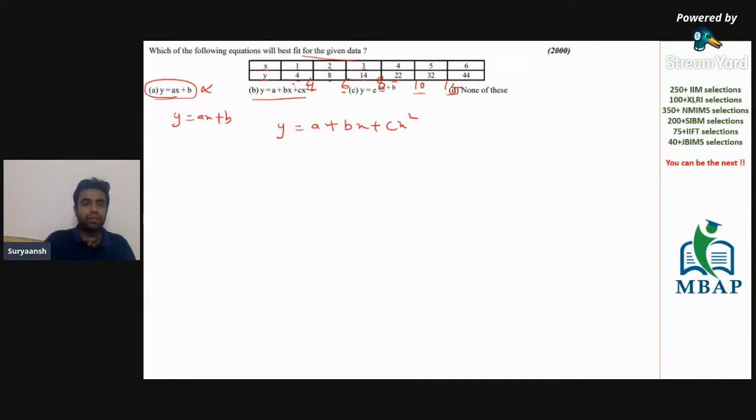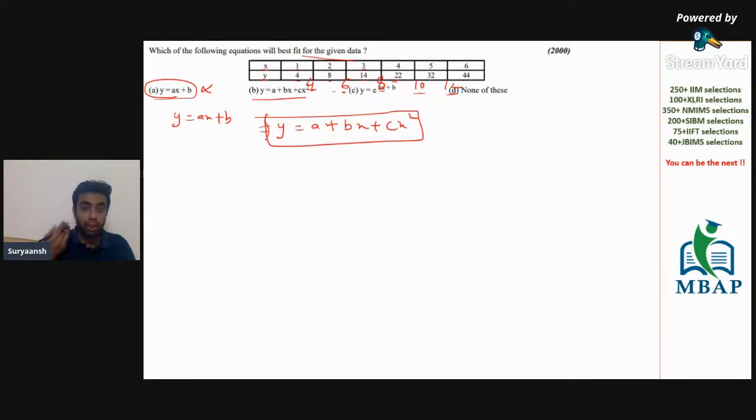With increase in x, the y is also increasing, and the increase is also increasing. This is a linear AP, which means the increase is linearly increasing. So the option that is true would be the quadratic equation.